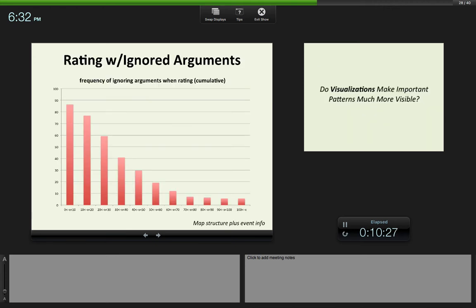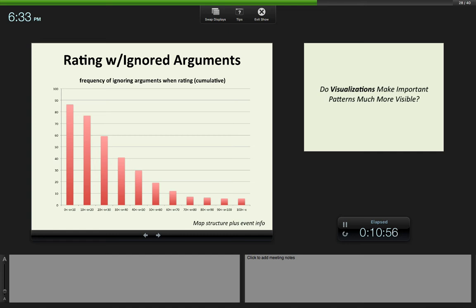And to do this, we looked at a particular alert, which is the one that checks for whether a user has rated a post without looking at some or all of the arguments underlying that post. And we looked at a real-life large-scale deliberation, the one mentioned earlier, which involved 200 users and 2,000 posts.